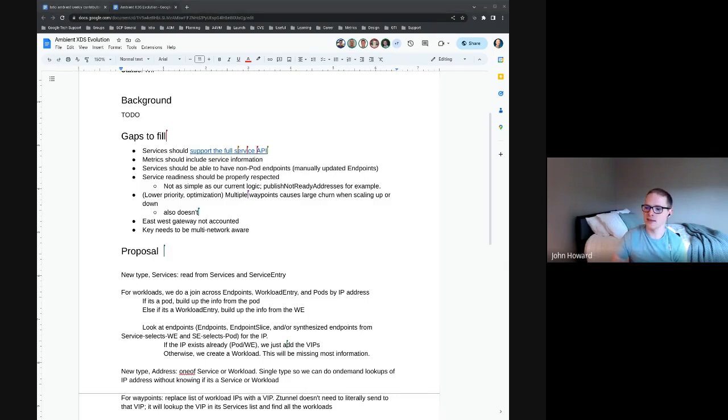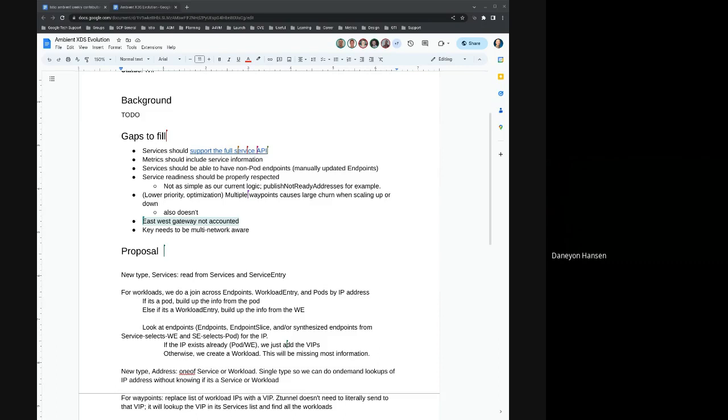Although given that we need to represent the east-west gateway, that may be the API we end up with anyways, and then remove waypoint addresses and make it more generic. If that makes sense. Yeah, that's where I was going. With waypoint addresses and gateway address, it seems to me that if a waypoint address is defined, that's essentially the next hop for the destination of that workload IP, right?